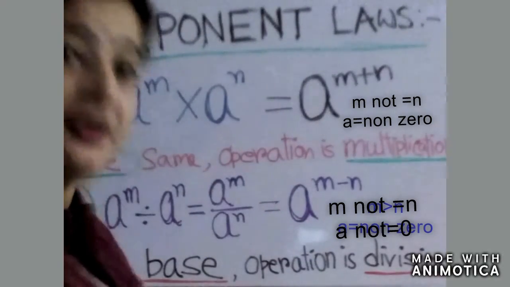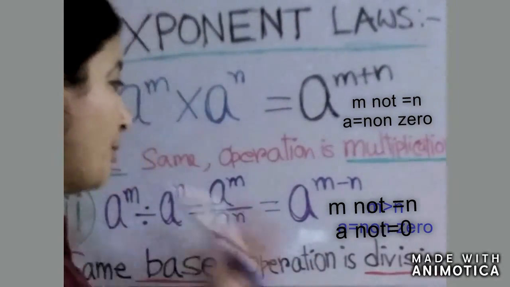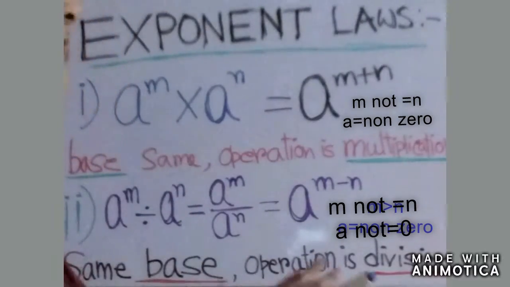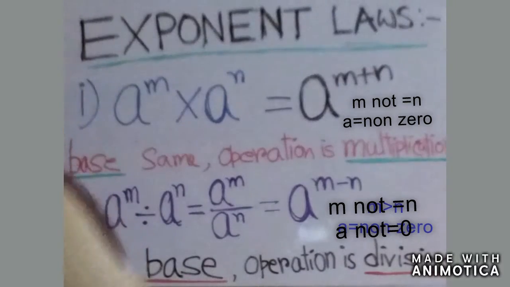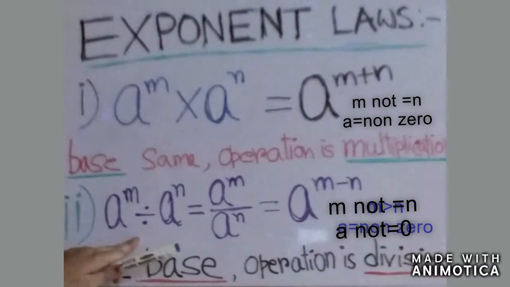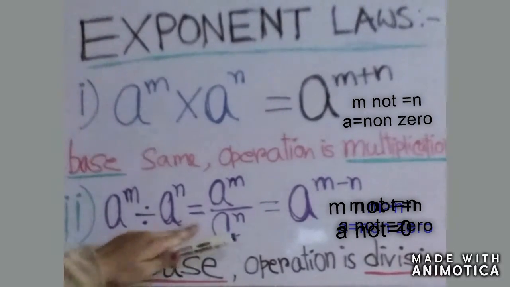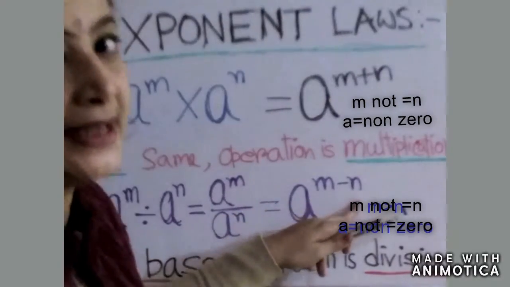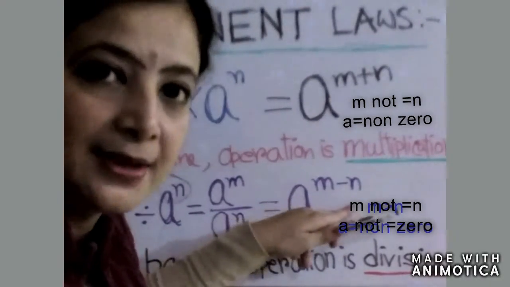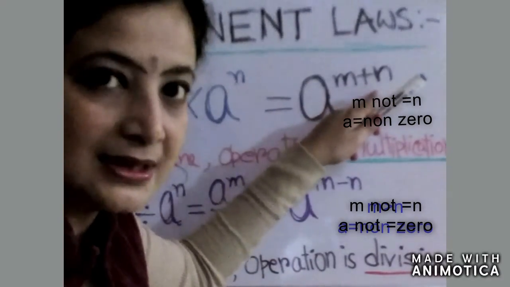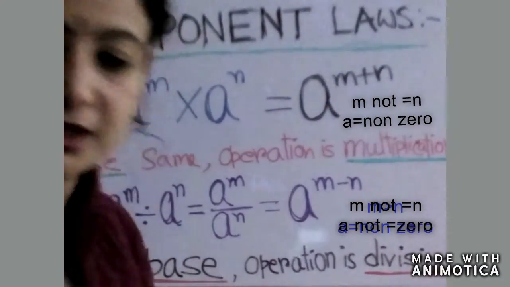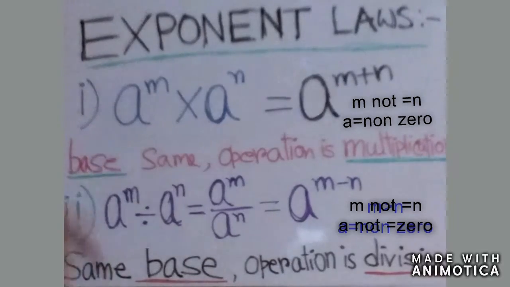But when the operation is division, with the same base, then we do subtraction. So a to the power m divided by a to the power n is equal to a to the power m minus n. Here it is minus due to division, and there it is plus due to multiplication.